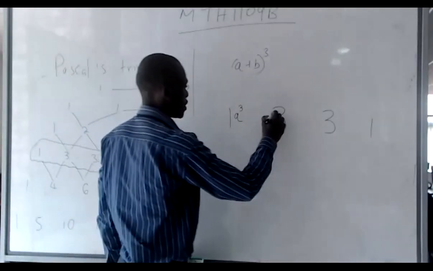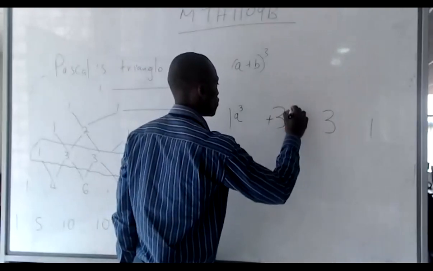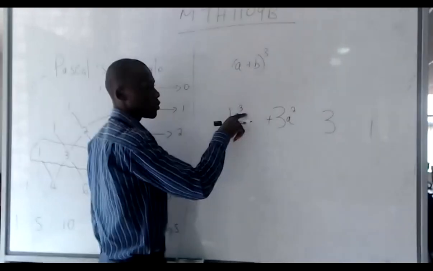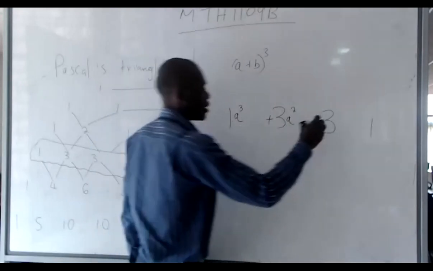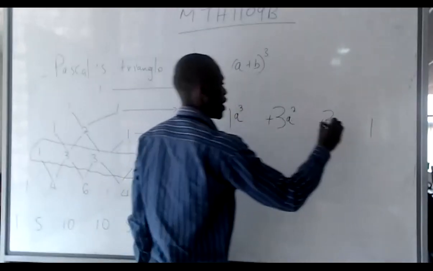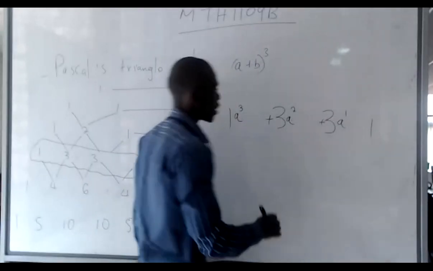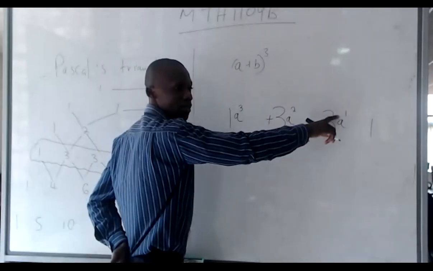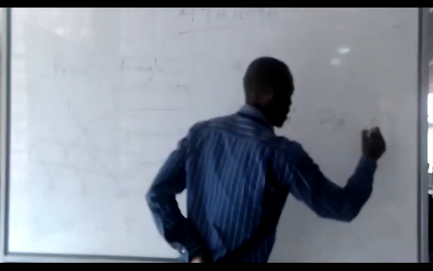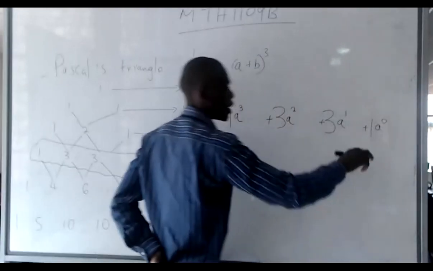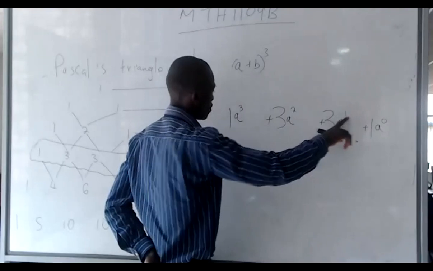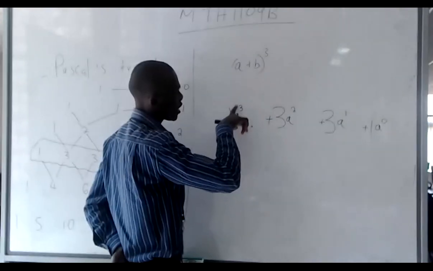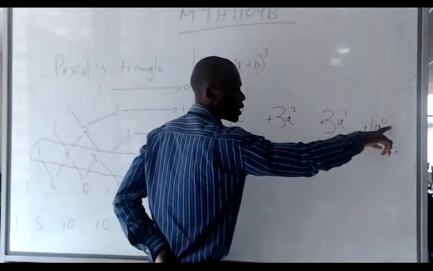In the second coefficient, I have a with the power of 2, so to get 2, I've subtracted 1 from 3. In the third coefficient, I have a to the power of 1, having subtracted 1 from 2. In the last term, I have a power 0, where 0 is 1 minus 1. So you notice that I've started with the highest power, then I've lessened them until the last term.